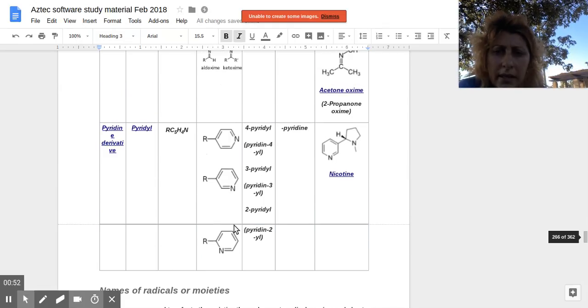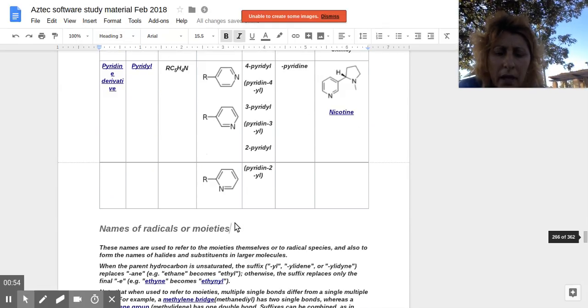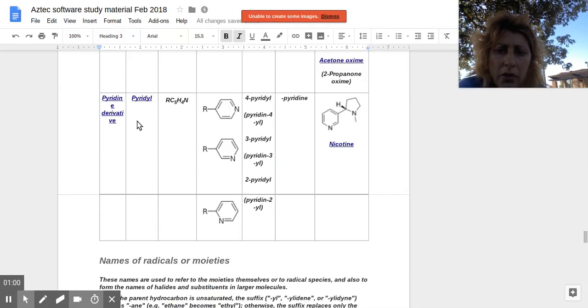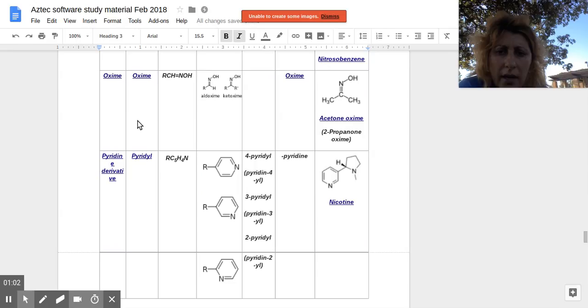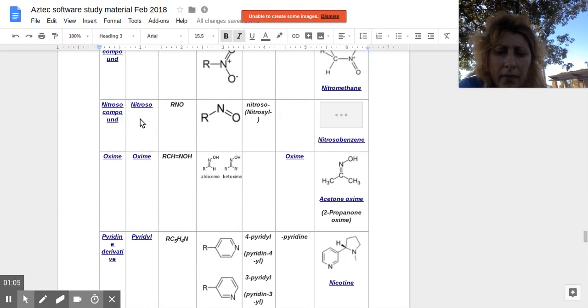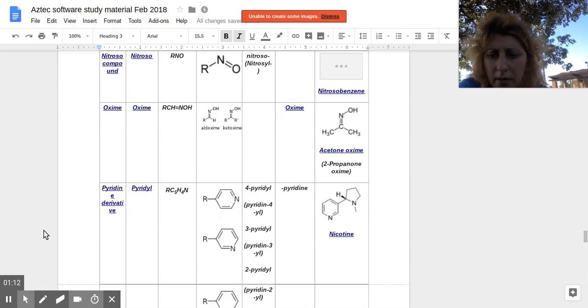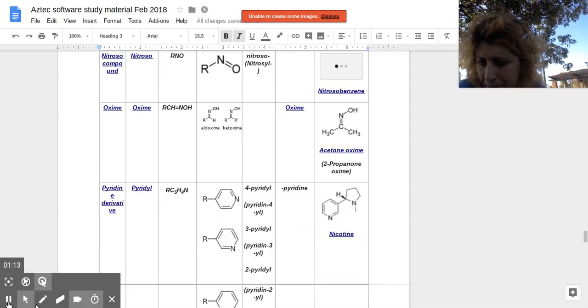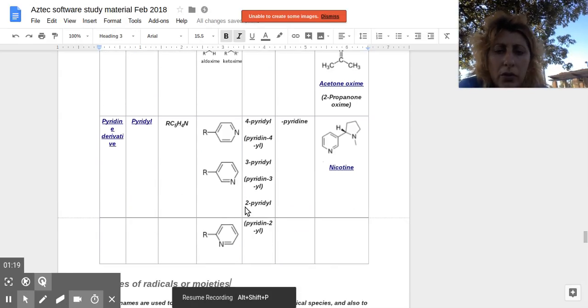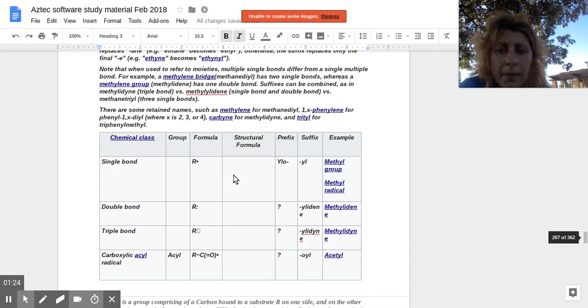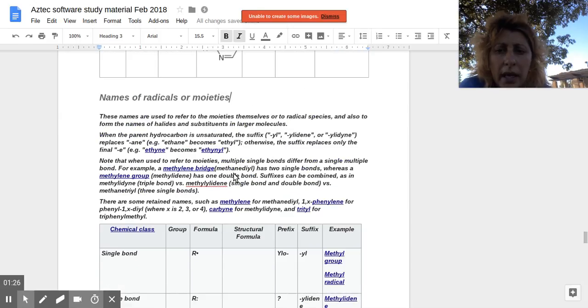So the last of these groups, pyridines, those are all containing nitrogen. Oximes, carbon double bound nitrogen, may contain OH groups bound to the nitrogen. And names of radicals and moieties.